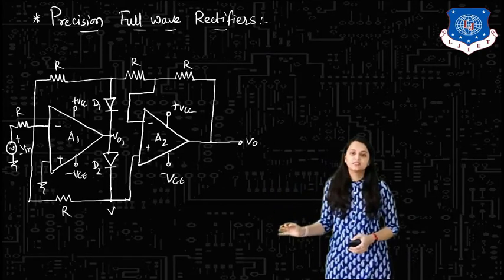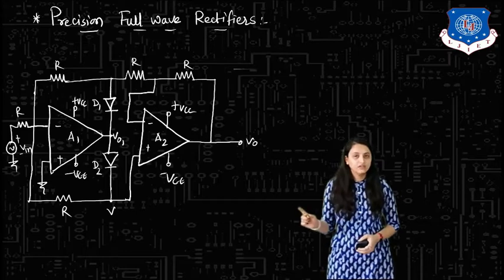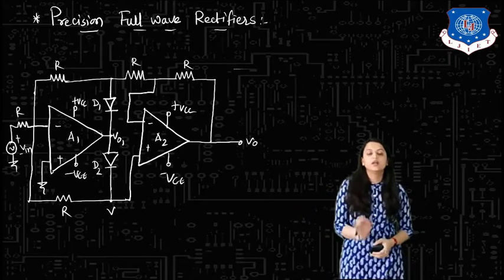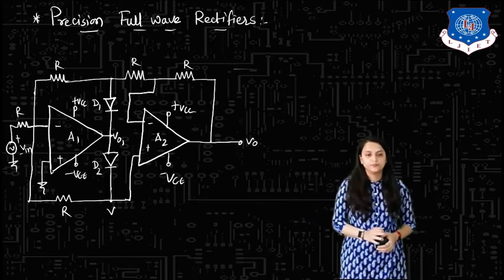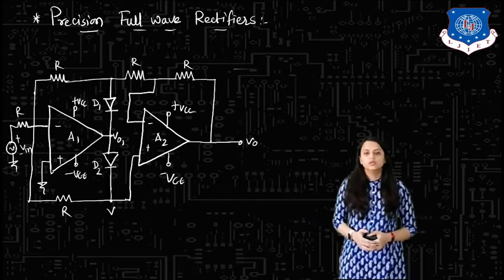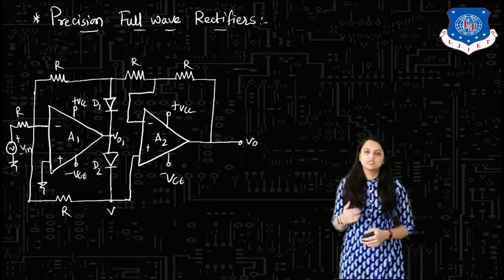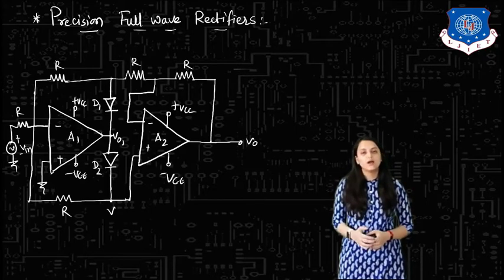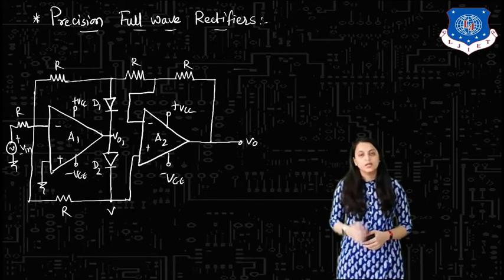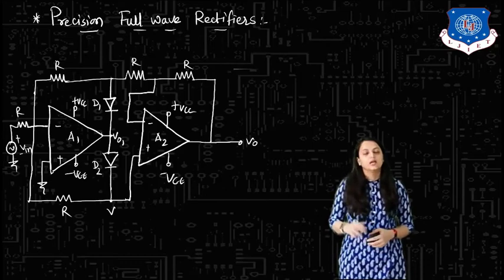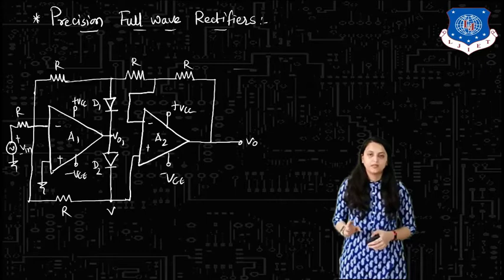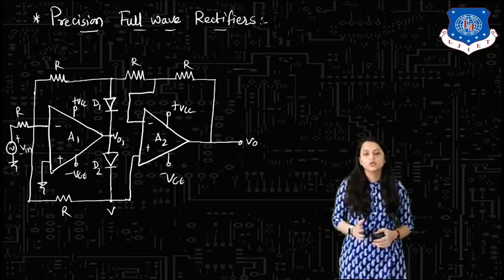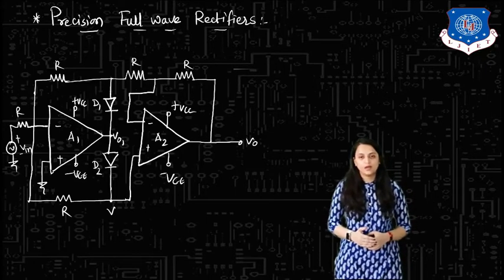Here the supply is given to the negative terminal, that's why this will act as an inverting precision full wave rectifier, that is PFWR. Now, at the output of the stage 1 amplifier A1, two diodes are connected, D1 and D2. Back-to-back connection is there. At a single time, only one diode will be on and the other will be off. So, vice versa operation is done to obtain the full wave rectifier output.